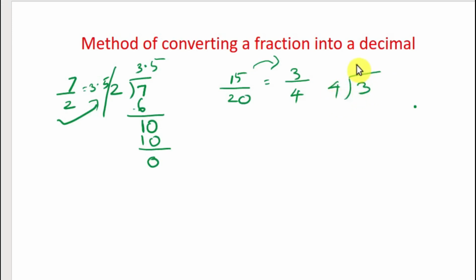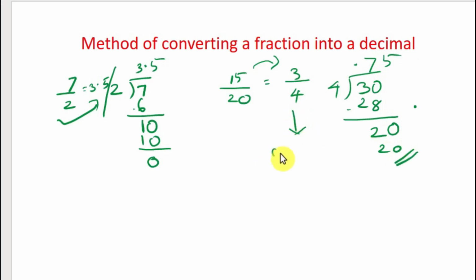So I'm keeping a decimal point here, putting a 0 here. 7 times 4 is 28. 30 minus 28, 2. So I'm adding a 0 here. 5 times 4 is 20. So 0.75. Fraction into a decimal. Okay.